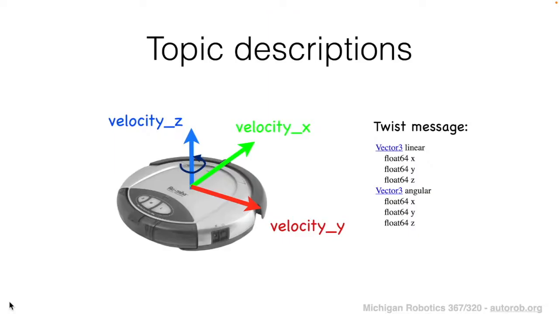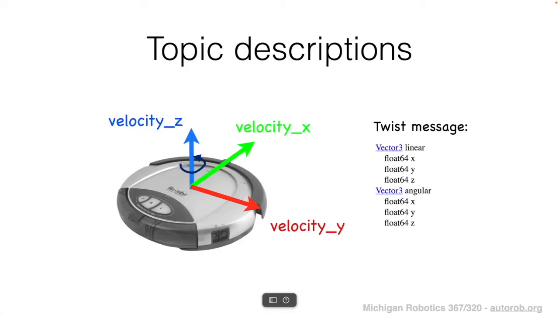To go over just a few of these topic descriptions to give a sense of what type of data ROS is compatible with working with. This is not a complete enumeration of what ROS can compute with, but it gives some examples which would have been used in that previous example. The first case here would be a twist message.